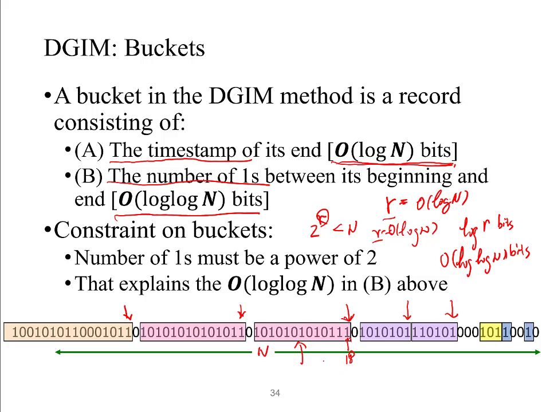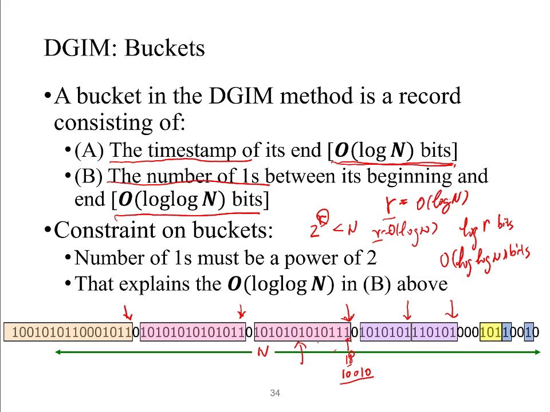In order to represent 18, we need to convert it into binary form, which is 10010. So we need 5 bits for this one, and we also need to record how many ones are in this bucket.